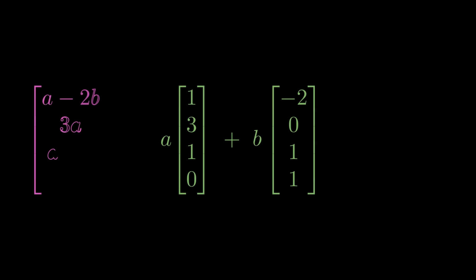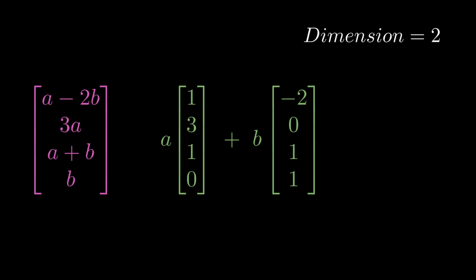You can verify that this gives us the original vector we began with. So these two new vectors are my basis vectors. a and b just signify that when we give them different values, we get a new set of bases. But the number of vectors in this basis always remains 2. Therefore, the dimension is 2.